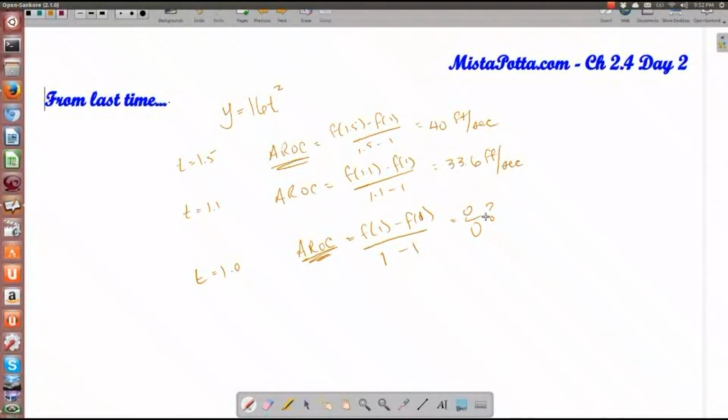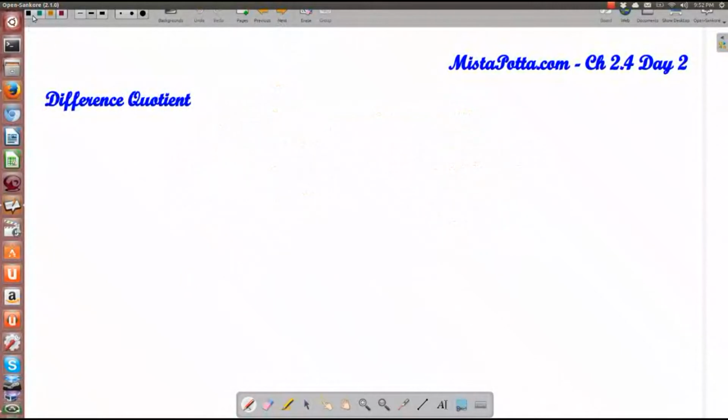This causes a problem because I can't divide by 0. But because both the numerator and denominator are 0, something fishy is happening here. There might be some common factor that I can eliminate. The objective of today's lesson is to figure out what that factor is.